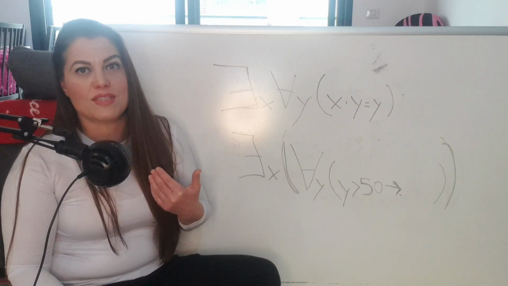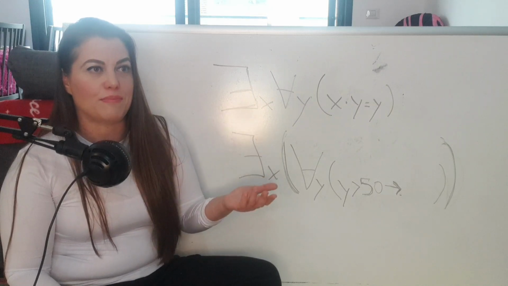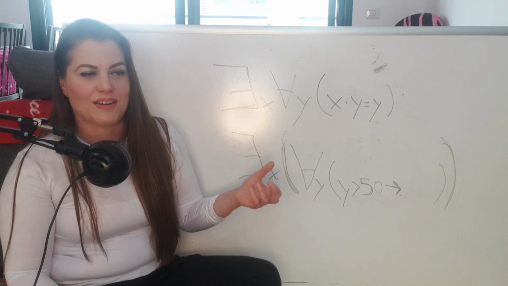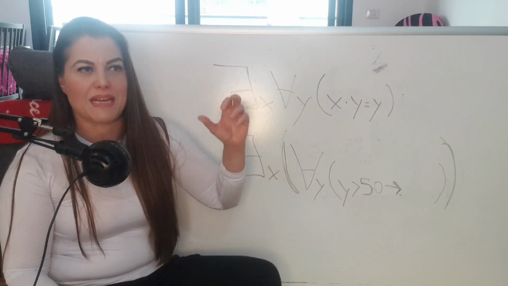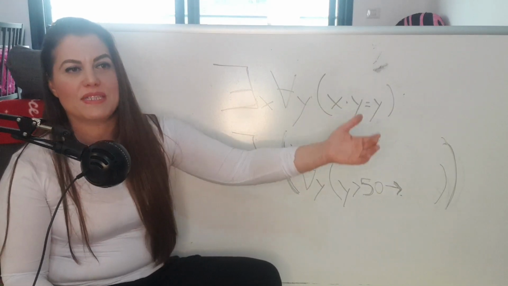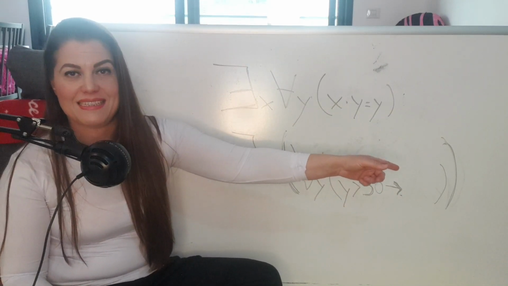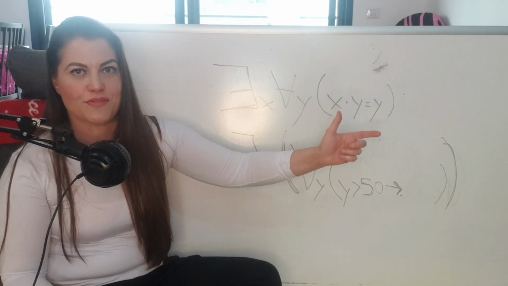So in my case, I was talking about the fact that there exists a number that for any number in the world, and in this case, the world is a bit limited by some kind of limitation. And we want to say that if we multiply the first one and the second one, we will receive the value of the second one. So this is where I write this result, this relationship between those two numbers and their values.